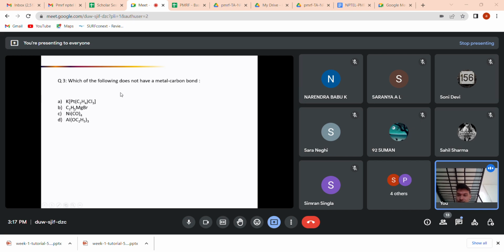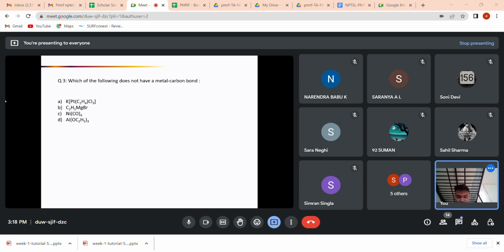The next one is the Grignard reagent, obviously ethyl magnesium bromide. C is a nickel tetracarbonyl complex, and D is an aluminium tetraethoxide complex. So which does not have a metal carbon bond?